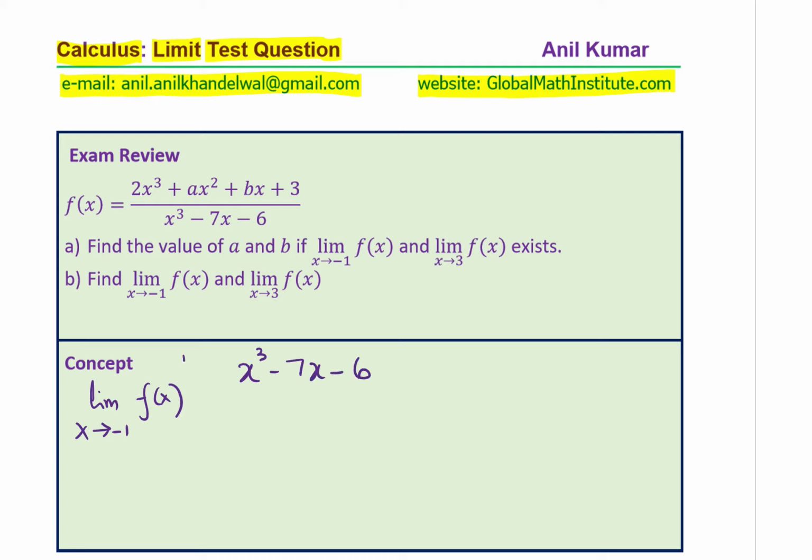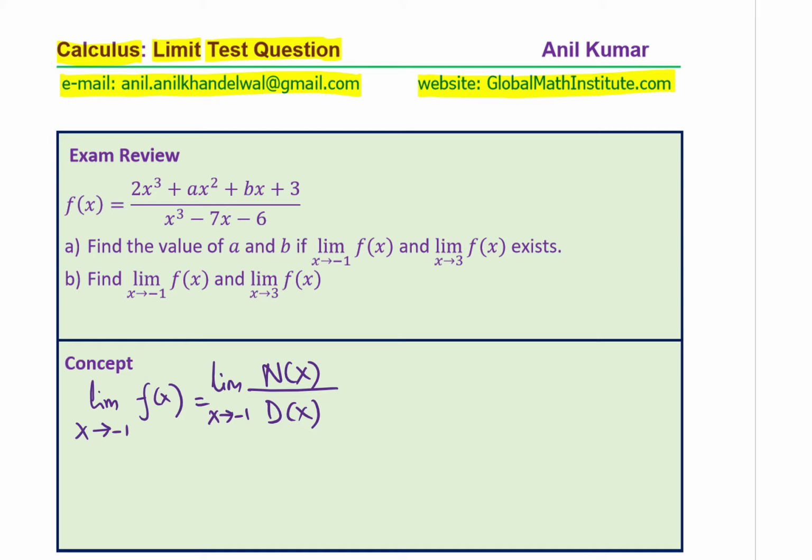Let me write the function f of x as equal to the numerator over the denominator, right? So we'll find the limit as x approaches minus 1 for this particular function.